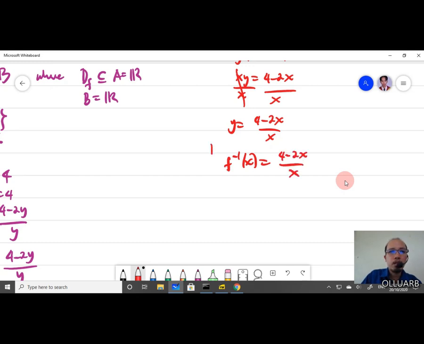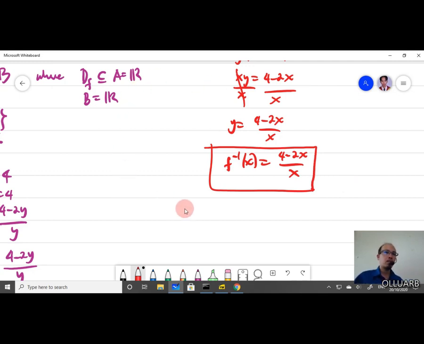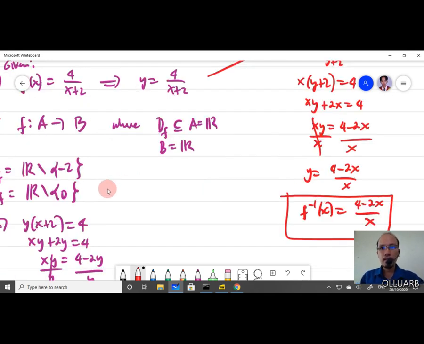If you force it to get the inverse, but notice that it is not mentioned in the problem that the codomain is defined. So as I've said in our discussion, if there's no mention about the domain and the codomain, then it is understood that the set that you are going to use is the set of real numbers.